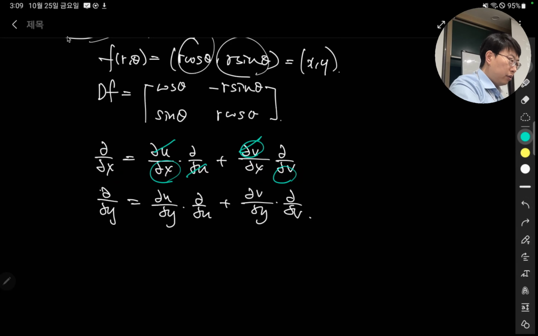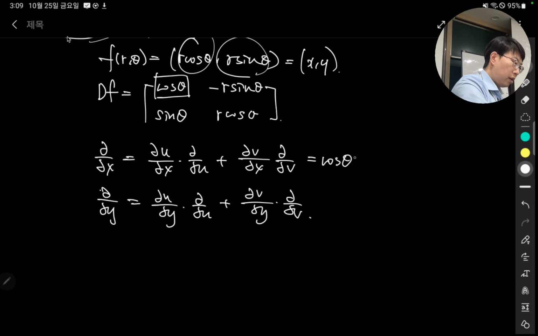And okay, using this, let's rewrite our equations. So del x is the same as, what's u x right here? It's cosine theta del u, and what's v x right here? It's sine theta del v. And here, what's del y?